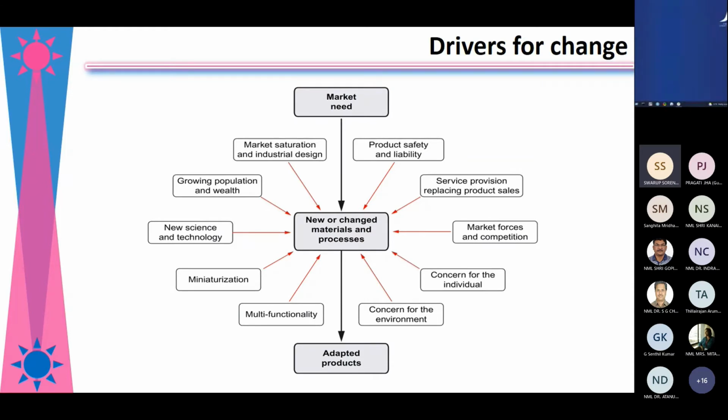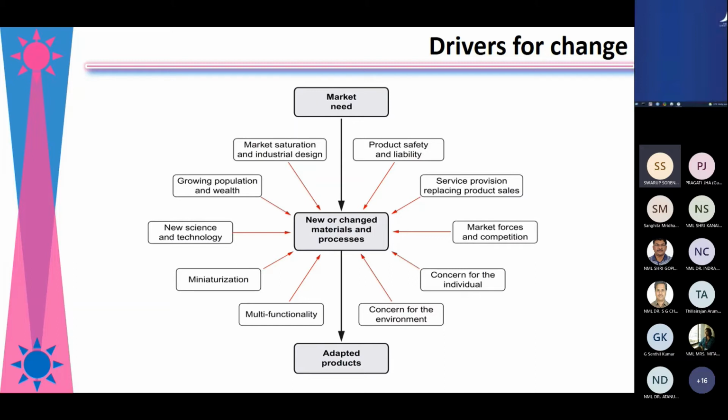So economics play an important role in determining whether we want a change or not. There are so many different parameters which determine what should be done to satisfy the market need and bring a new product or some adapted product which can be satisfying to the customer.